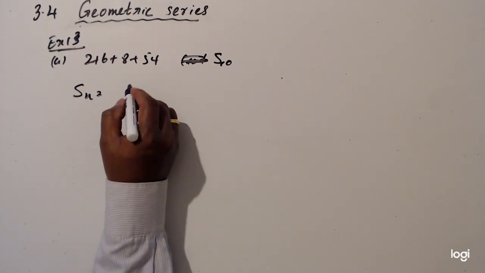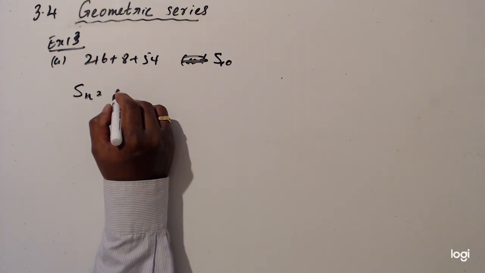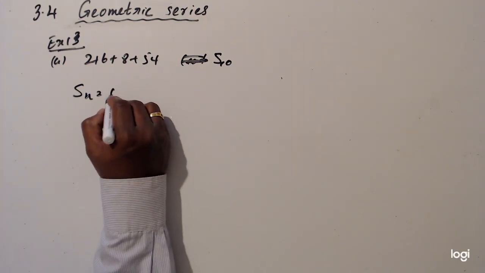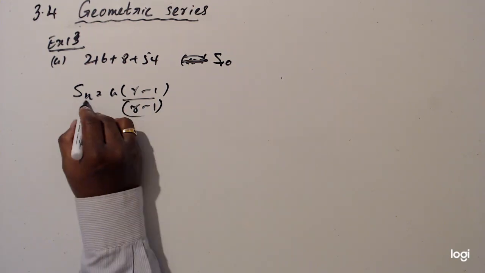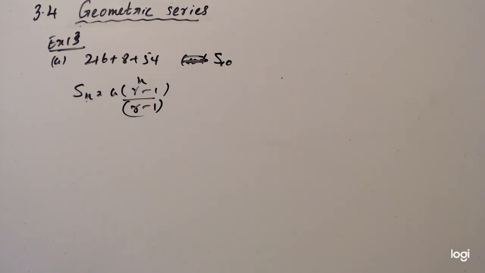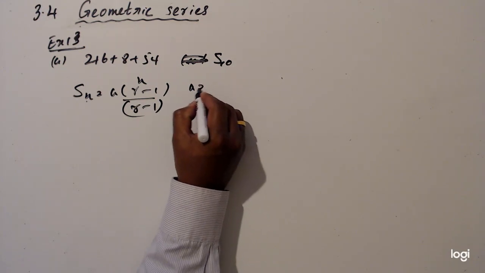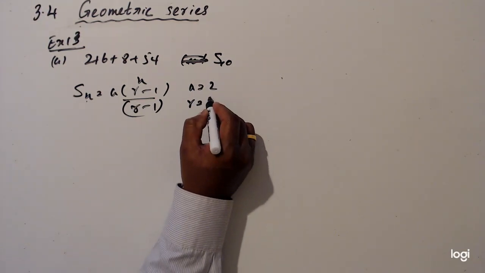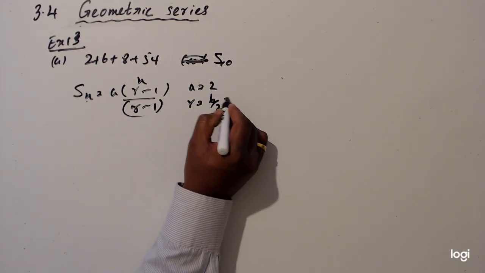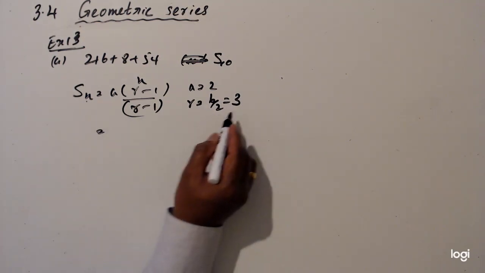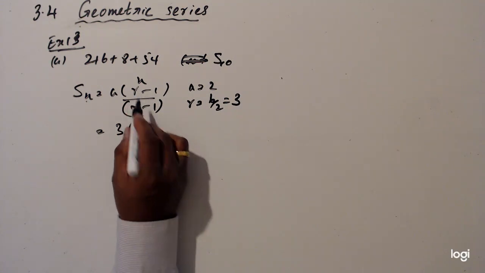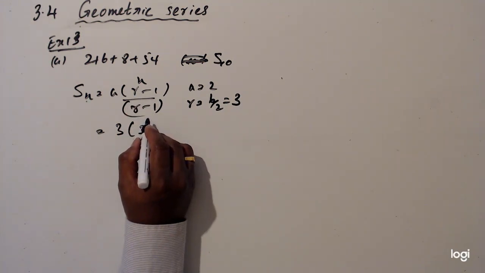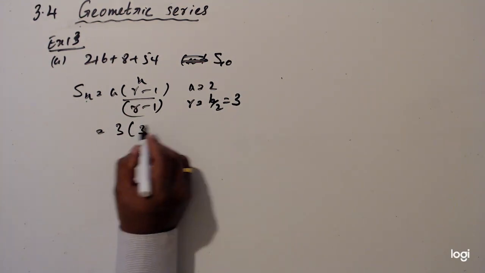Sn, we know that Sn equals a(r^n minus 1) over (r minus 1). And the first term a is 2, r is 6 divided by 2, which is 3. So we work it out, 3 to the power n, with n equal to 10.